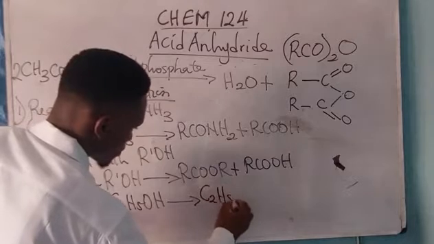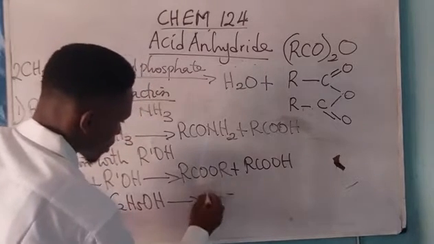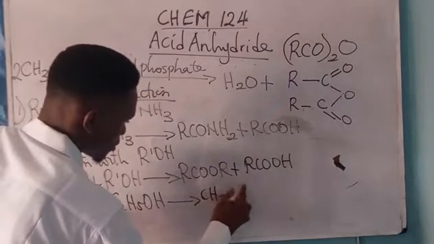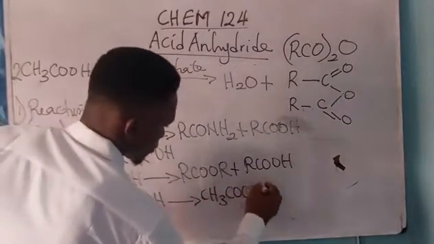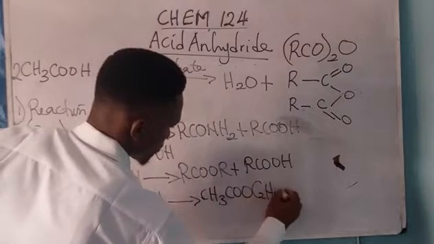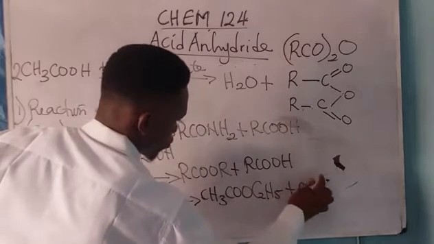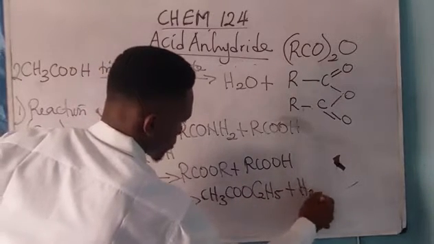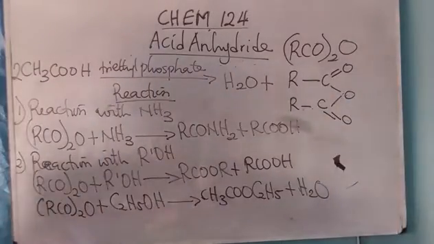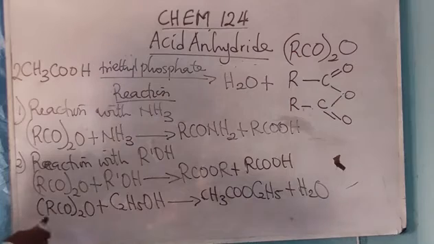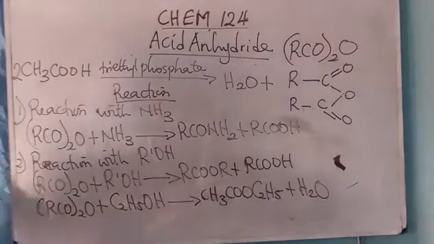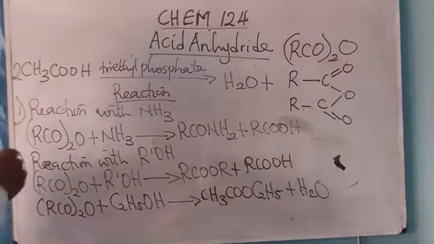Ethyl acetate is written as CH3COOC2H5, then plus water. I believe it's water, right? It's water, yeah. So that is for that.